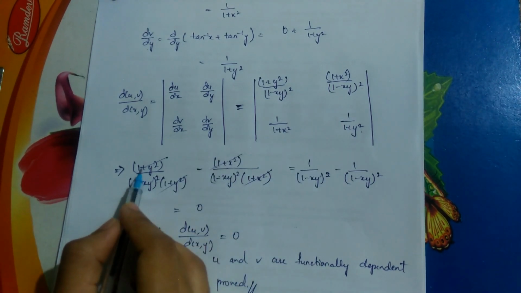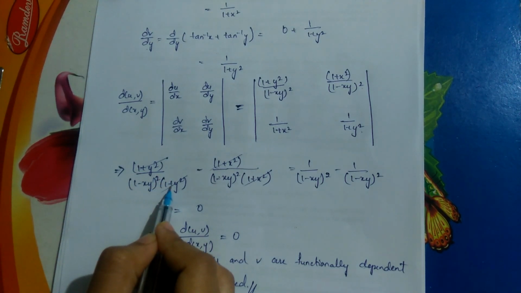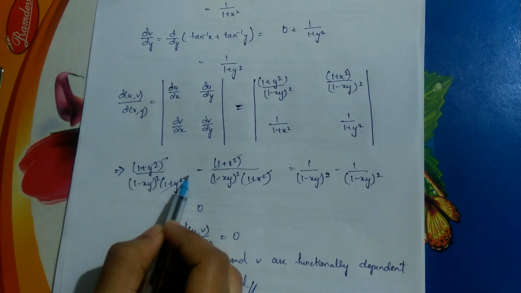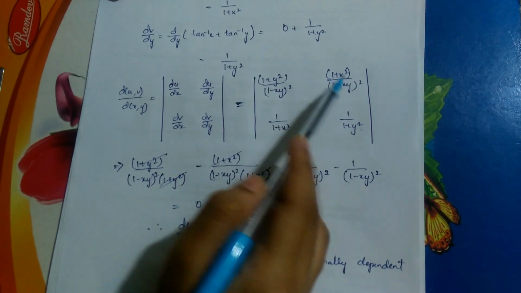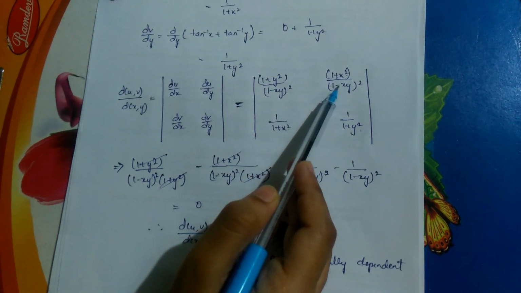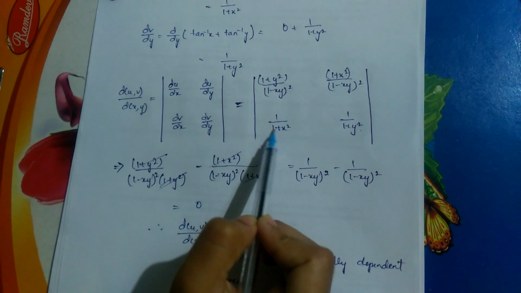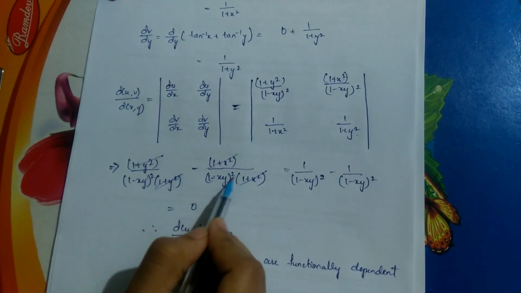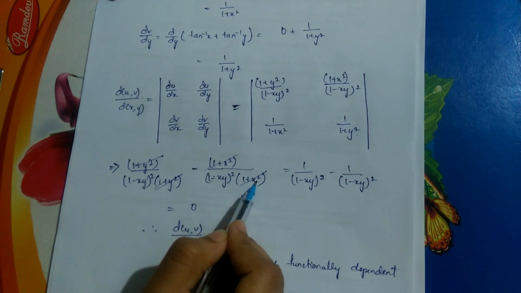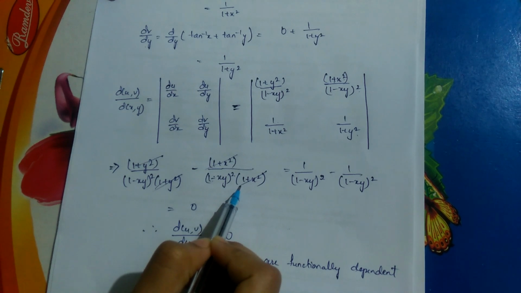So it becomes 1 plus y square by 1 minus xy whole square into 1 plus y square, so the numerator and denominator terms get cancelled. Then minus 1 plus x square divided by 1 minus xy whole square multiplied with 1 by 1 plus x square. Here we get 1 plus x square by 1 minus xy whole square into 1 plus x square, and again the numerator and denominator terms get cancelled.